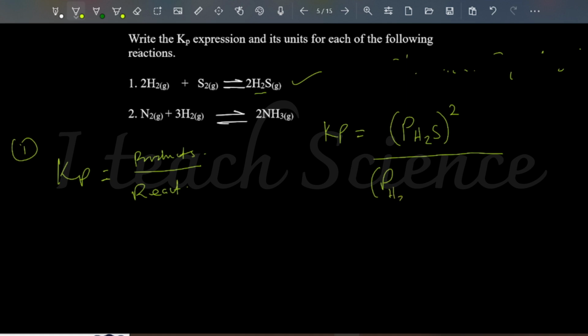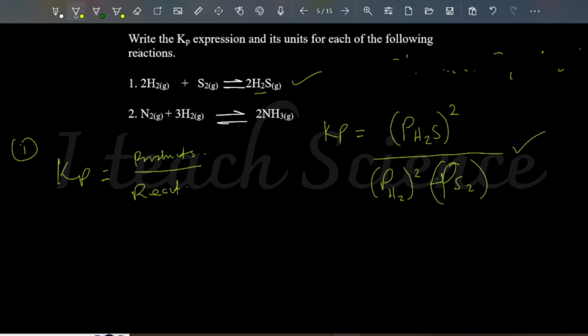The first one is H2 raised to the power of its stoichiometric number, times the partial pressure of S2, and this is how you write the Kp expression.